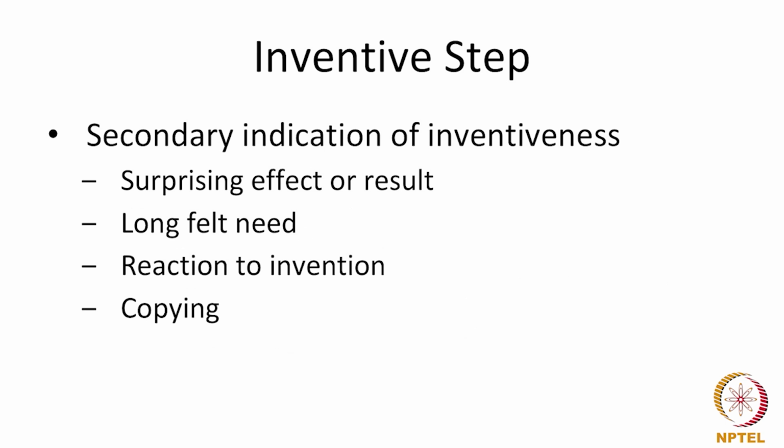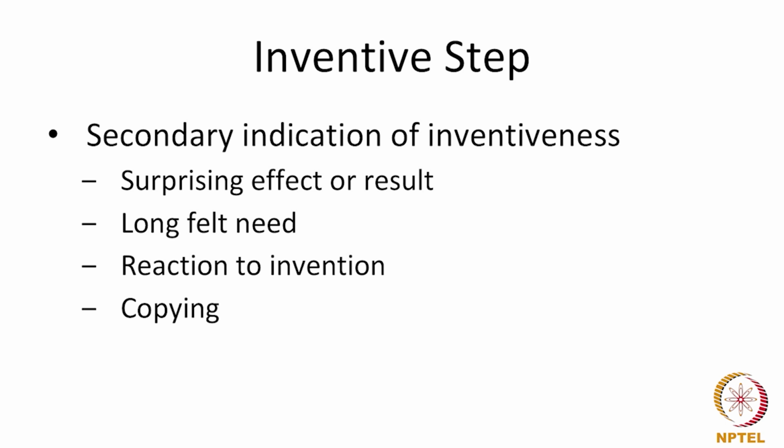Now, the secondary indications of inventiveness are secondary factors that may indicate that the invention is inventive. Now, this is not to say that the primary factors, whether the invention is obvious to a person skilled in the art, should be brushed aside, but these secondary factors have been used by the courts of law in determining inventive step.